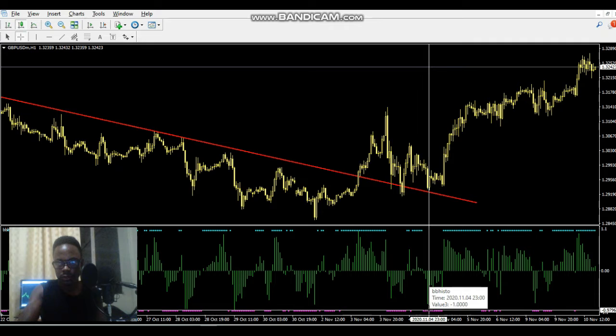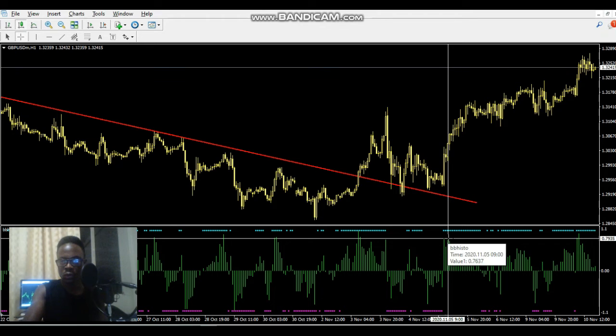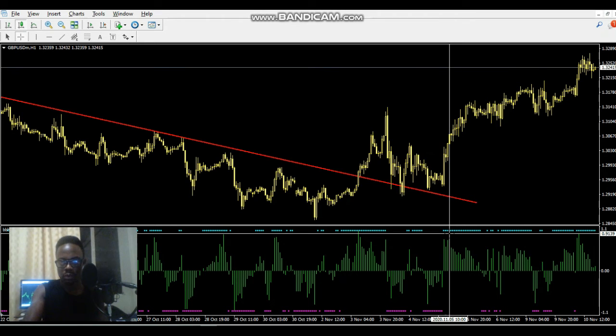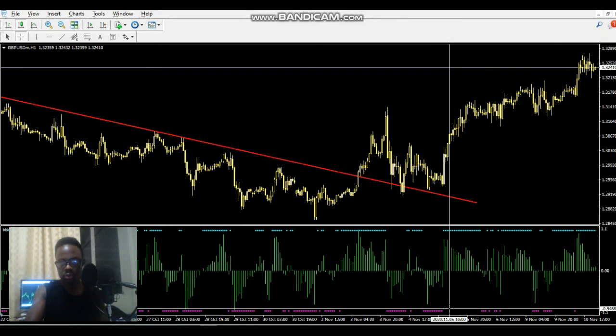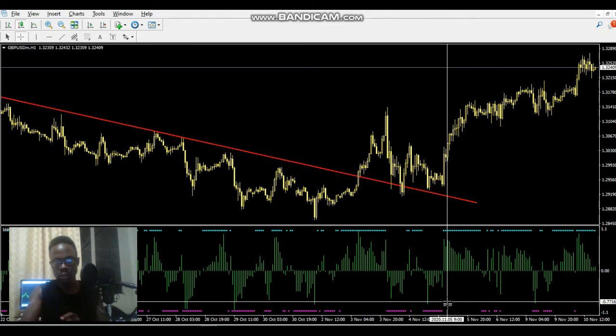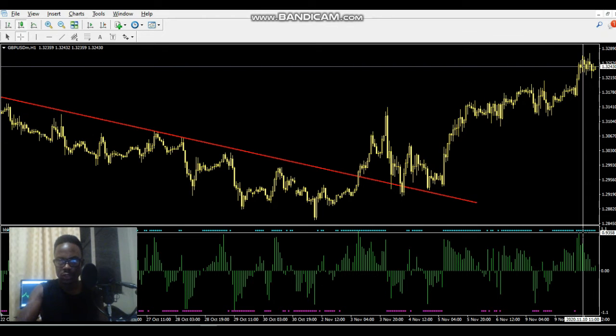This level is 0.9687. Always target that level as well as this level on this horizontal crosshair line. 0.90 above and 0.90 below. That's where you should be expecting to place trades.